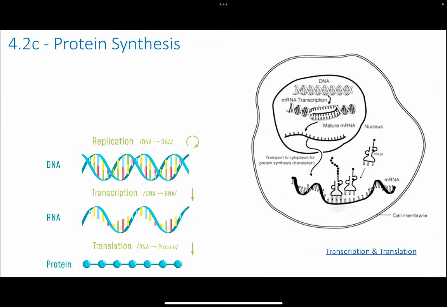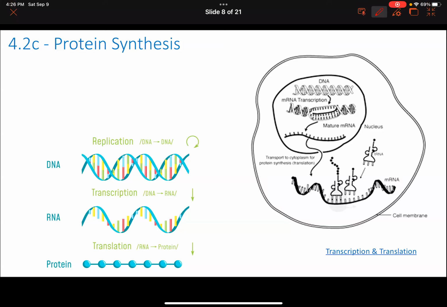In protein synthesis, again, just to review, we've got DNA that is going to be transcribed, which is transcription. It's going to form messenger RNA. Messenger RNA is then translated into our protein or our polypeptide. Okay?